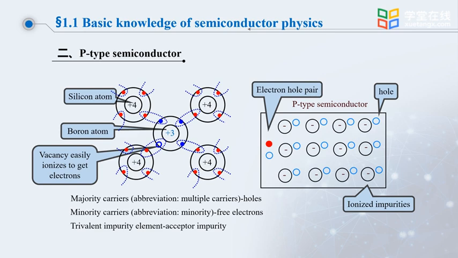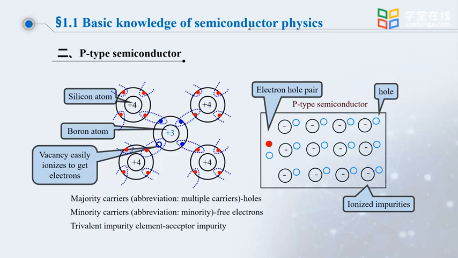In impurity semiconductors, majority carriers and minority carriers also reach thermal equilibrium. N0 and P0 represent the thermal equilibrium concentrations of free electrons and holes respectively. The product of the two is equal to the square of the intrinsic carrier concentration. It's a formula that holds forever. In the N-type impurity semiconductor, the majority carrier is the free electron, with concentration N0.